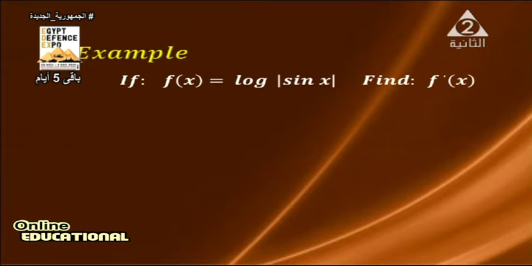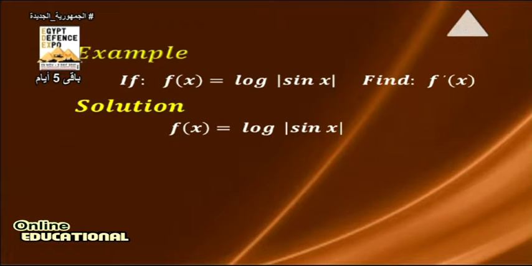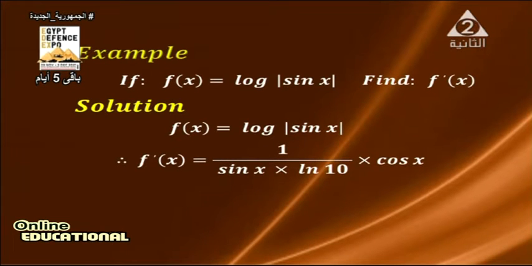If f of x equals log absolute sine x, find f dash x. The function f of x equals log absolute sine x, then the derivative of the function f dash equals 1 over sine x multiply ln 10. 10 is the base of the log, multiply the derivative of sine x, which is cosine x.